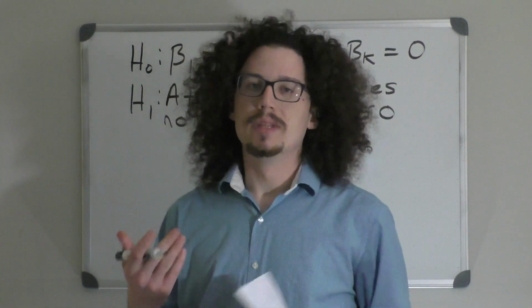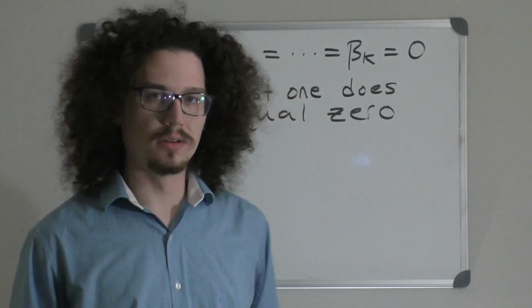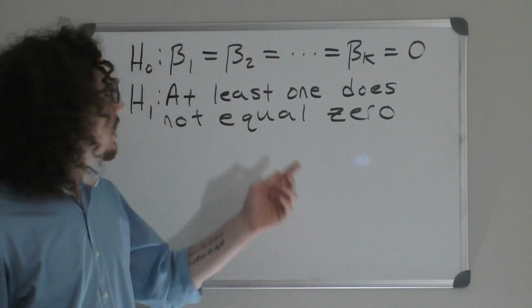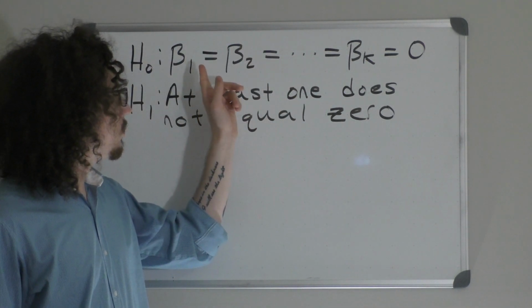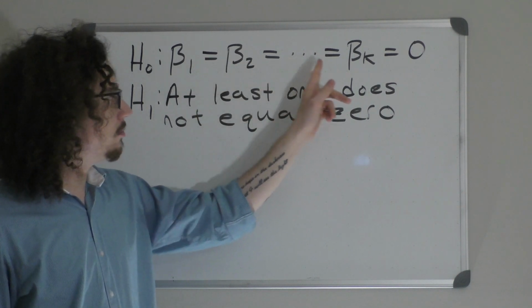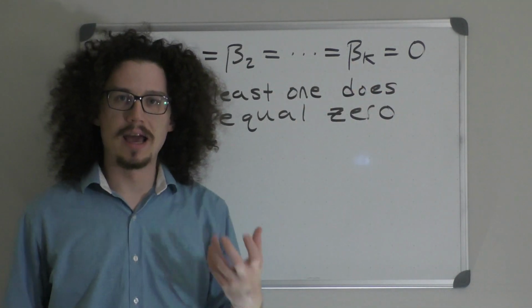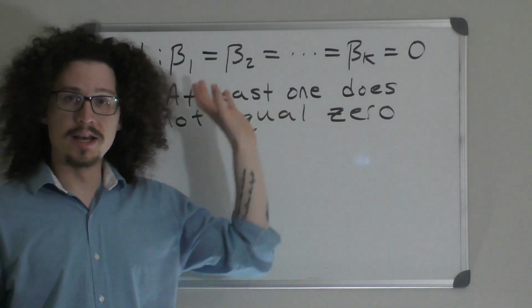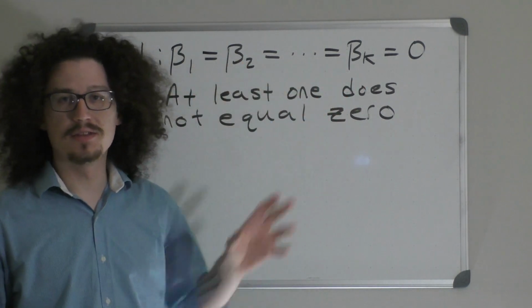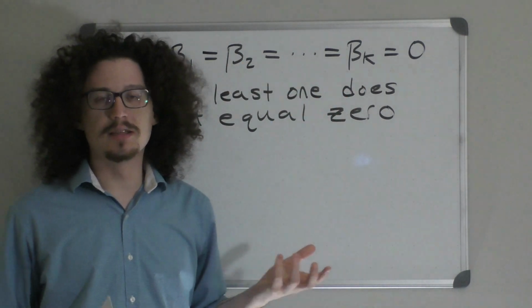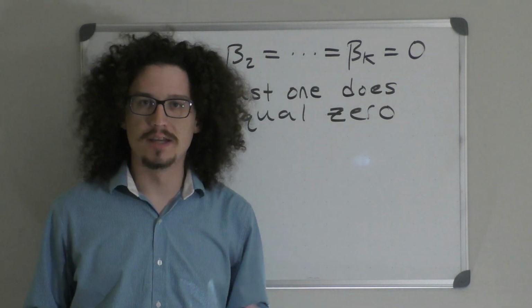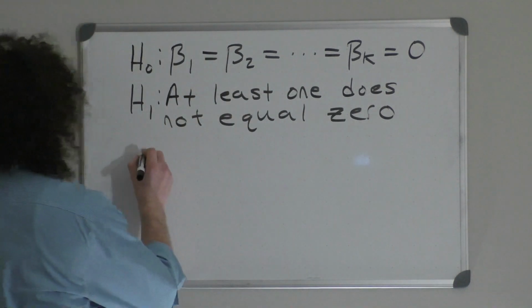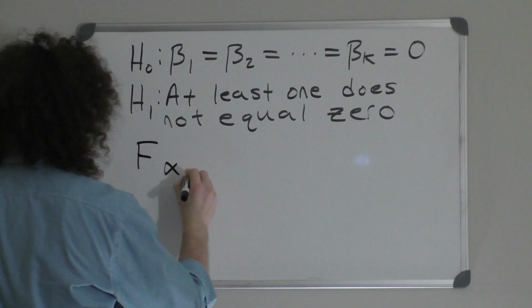All this to say that the distribution we're going to be using is the F distribution. If you remember, when we have multiple equal signs in our null hypothesis or in our hypotheses in general, that's a big indication that we should be doing an F test.